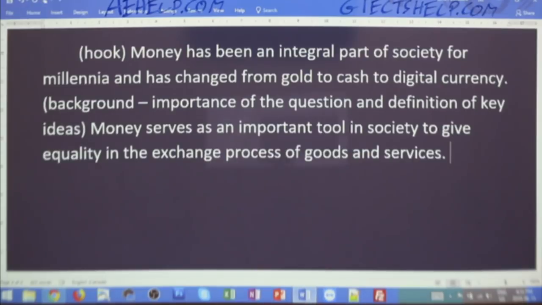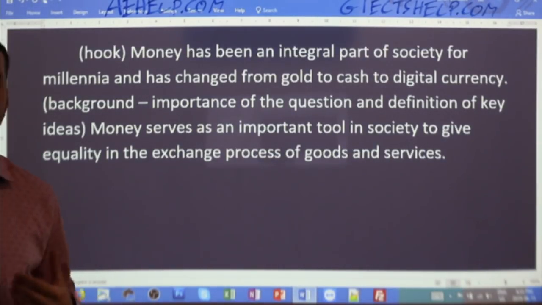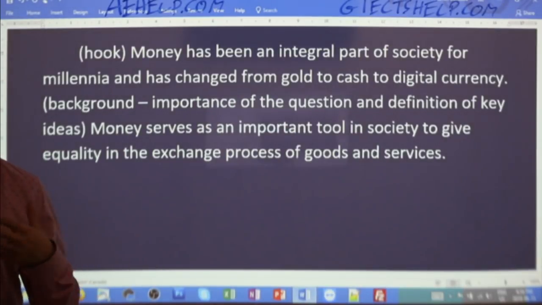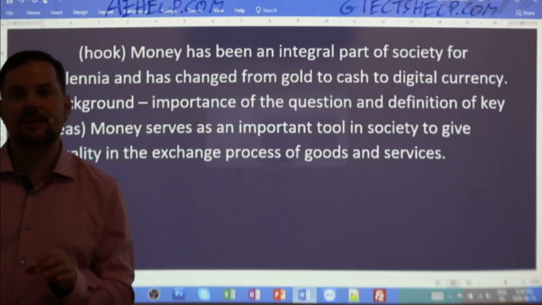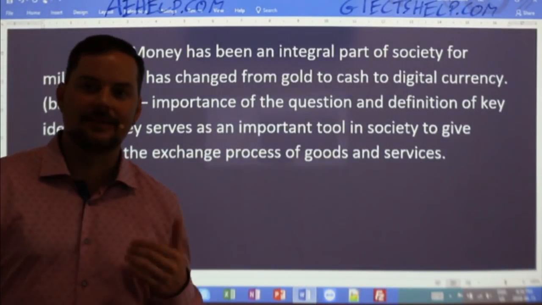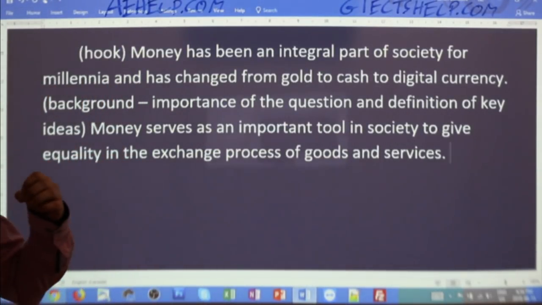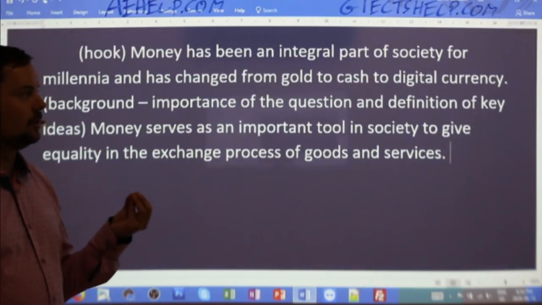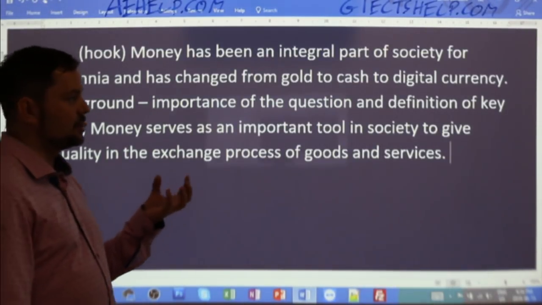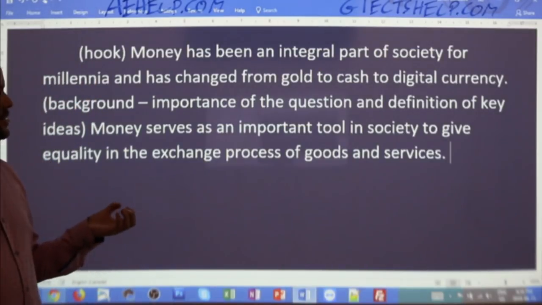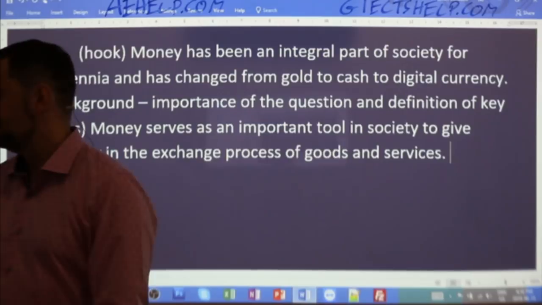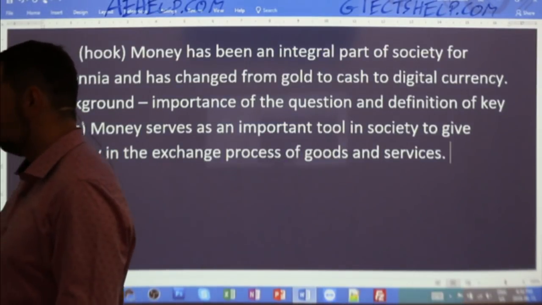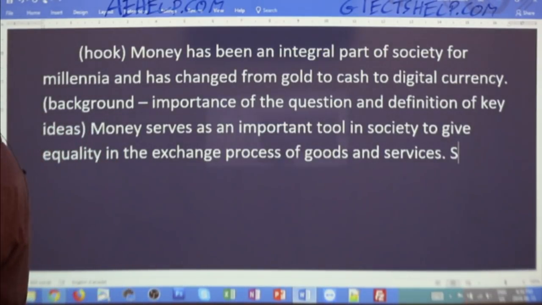Jeffrey says money is fundamental for humanity since people or individuals need it to buy goods and services at equal opportunity, something like that. I would put that in there, Jeffrey, to make it a little bit better, that the fundamental reason for having this tool called money is to give equality or fairness in the exchange process, okay? And then we can get into the importance question.